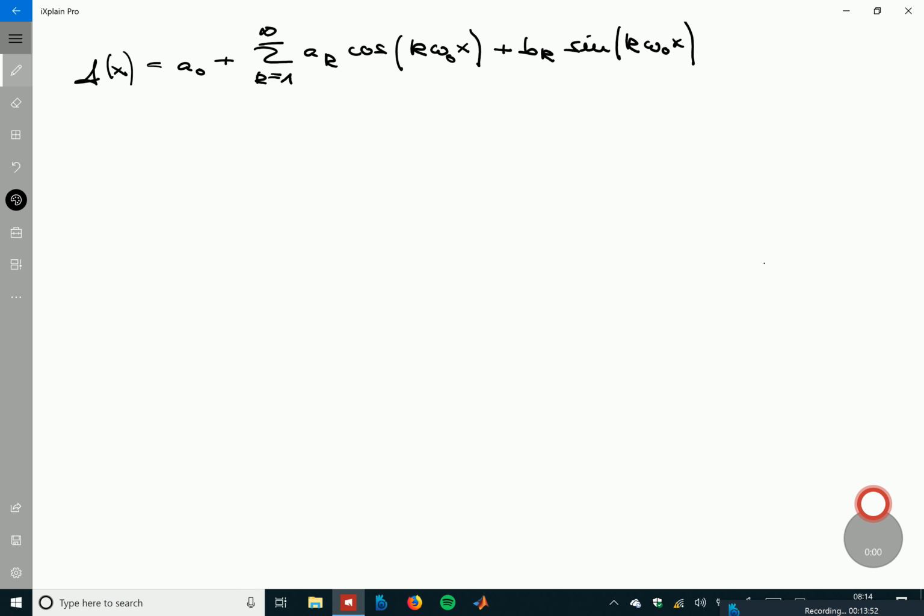And then the first step is that we use these equalities, cos x equals e^(ix) plus e^(-ix) divided by 2, and sin x equals e^(ix) minus e^(-ix) divided by 2i, and replace the cosine and the sine function.